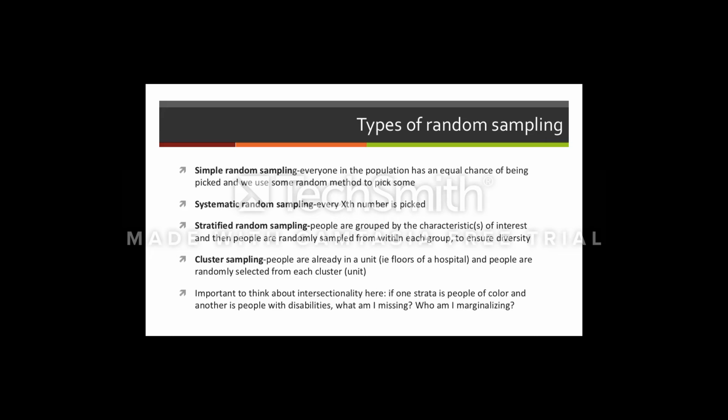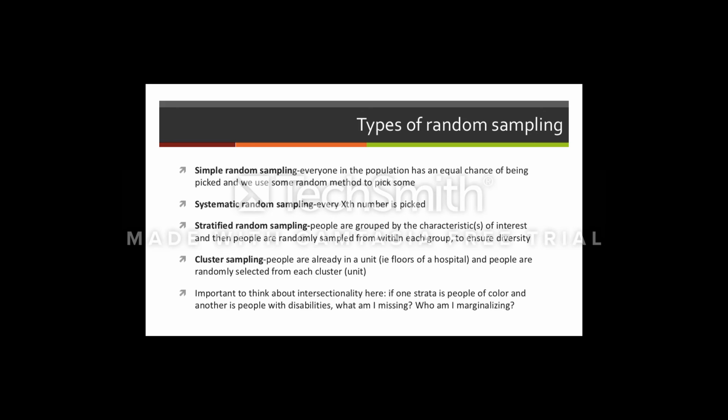So if I'm stratifying by race and stratifying by disability, by whether or not someone has a disability, I'm making the assumption that people of color and disabled people are somehow different, when we know there's plenty of people of color with disabilities, as there are plenty of white people and people of every race with disabilities.